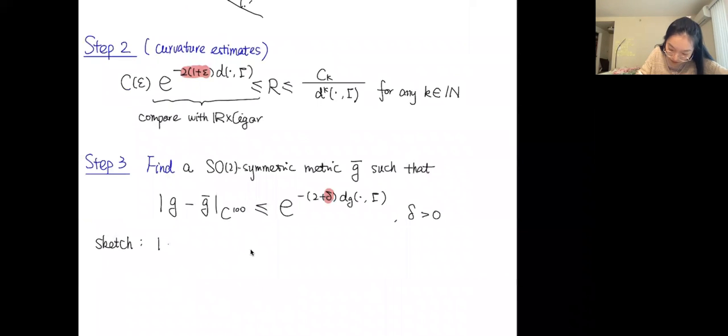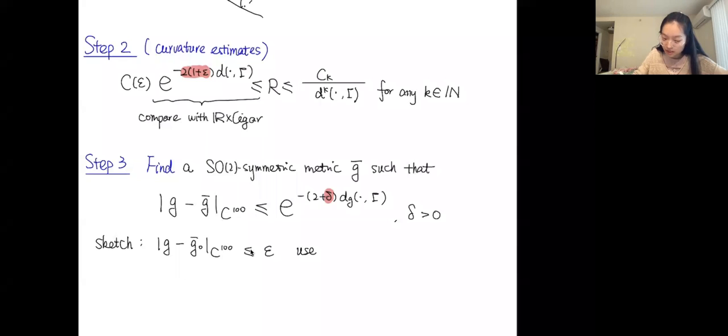First, as I said, outside of a compact subset, we do some gluing to get a first approximate metric G bar 0, and the C^100 norm of the error is less than some small constant epsilon. This epsilon bound holds everywhere. And then we're going to use a symmetry improvement lemma.